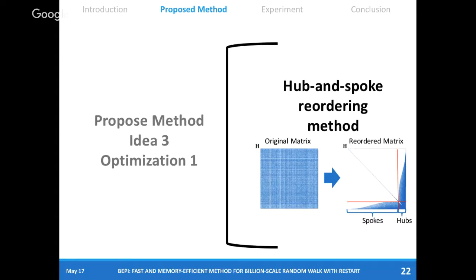Let's check the details of the optimization. Before going on, we need to understand the hub and spoke reordering method because the first optimization is based on tuning a parameter used in this method. The hub and spoke reordering method is used to reorder the original matrix H like this.